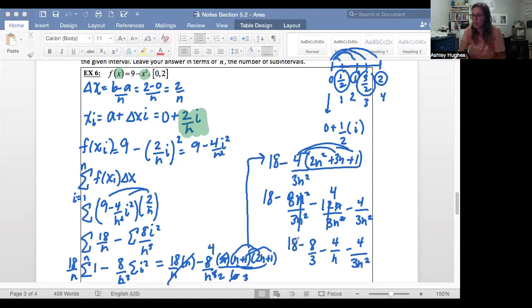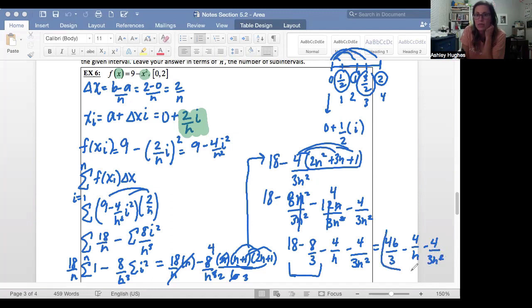And if you want to combine 18 minus 8/3, if I add these two together, I get 46/3, minus 4 over n, minus 4 over 3n squared.